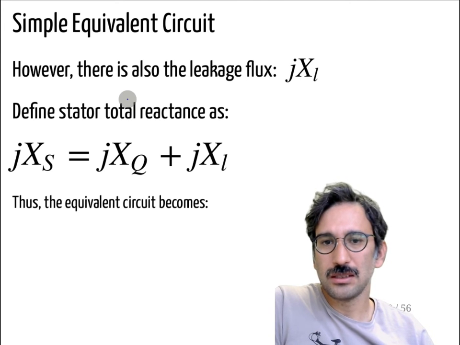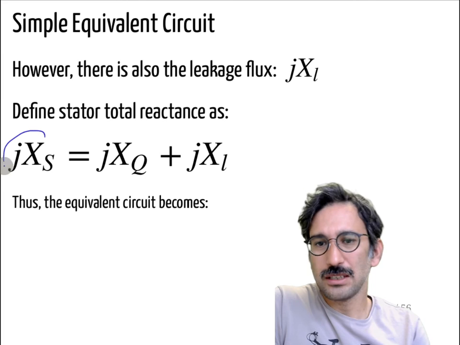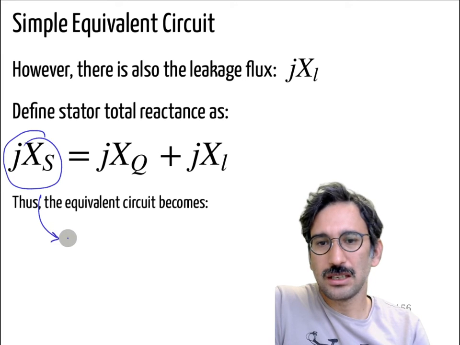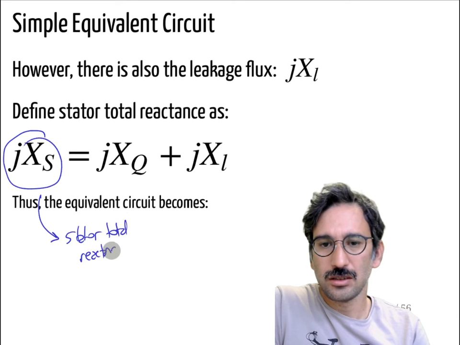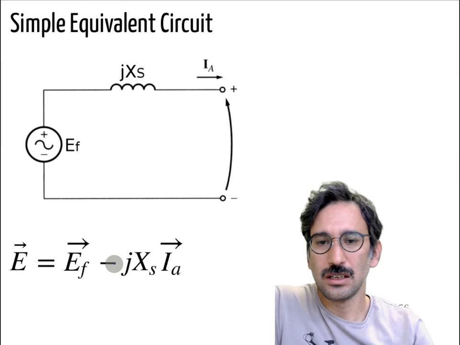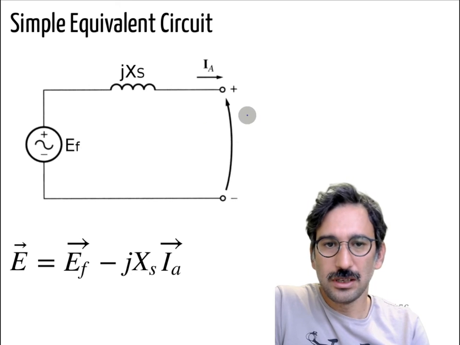We can define the stator total reactance as jX_L. At the end of the day, I will be using that one. This is the stator total reactance, and it will be used in our equivalent model, and it will be something like that. There's some terminal voltage here.